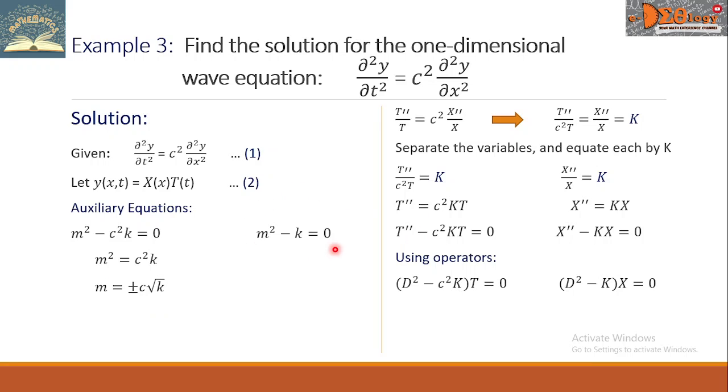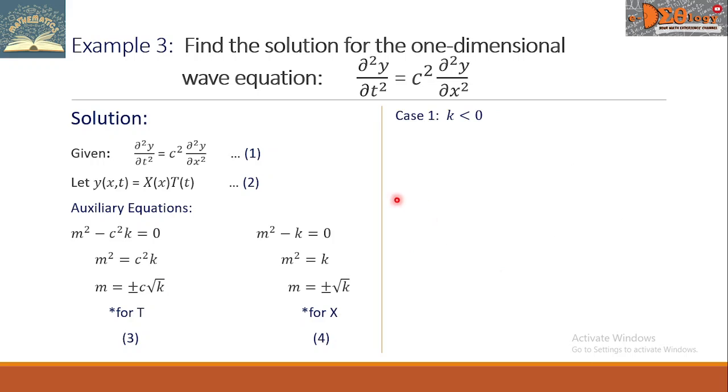In the second equation, we show that m squared equals positive k, and when we take the square root of both sides, m equals plus or minus the square root of k. Take note that the value of m here is for the capital T, while the value of m here is for the capital X. Now, we regard this equation as equation 3, and this equation to be equation 4.